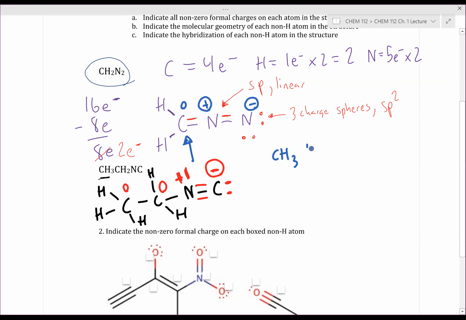Okay, so we have 4 charge spheres. So what hybridization does this carbon adopt? For 4 charge spheres? sp3, exactly right. And what geometry is associated with 4 bonds and 0 lone pairs? Tetrahedral.